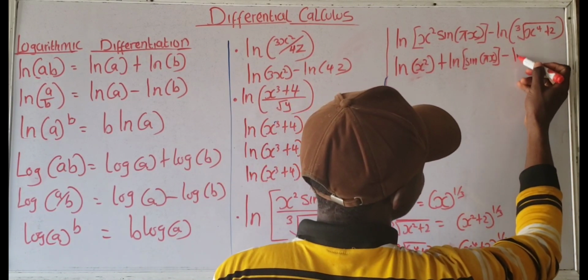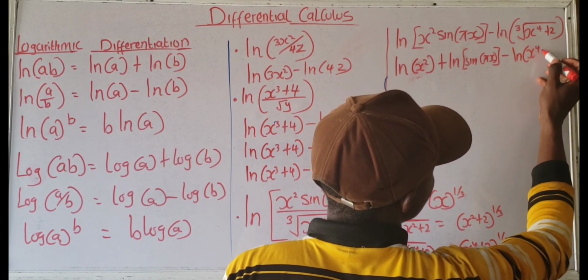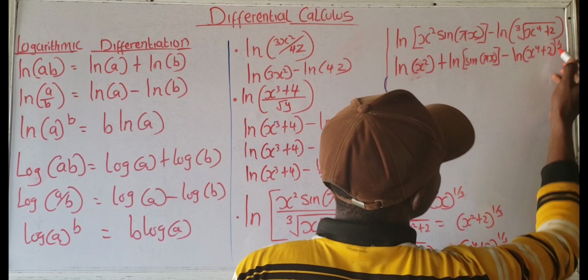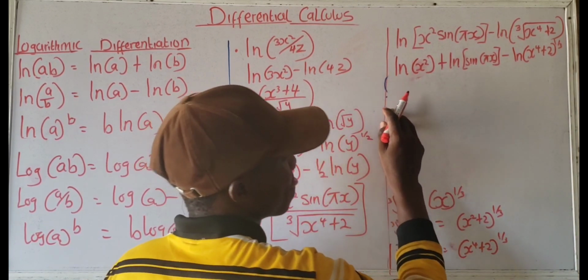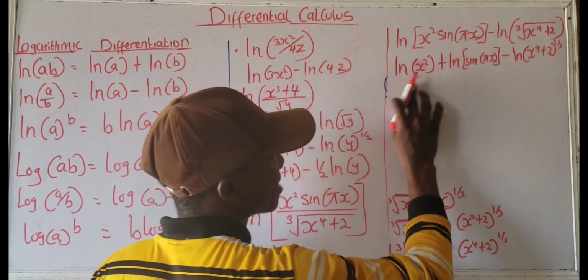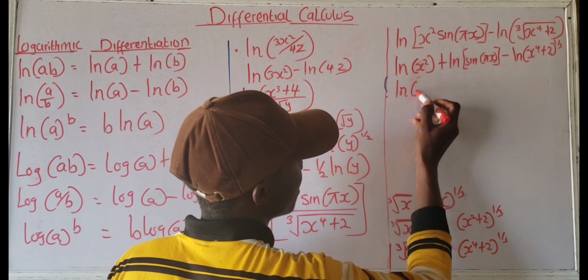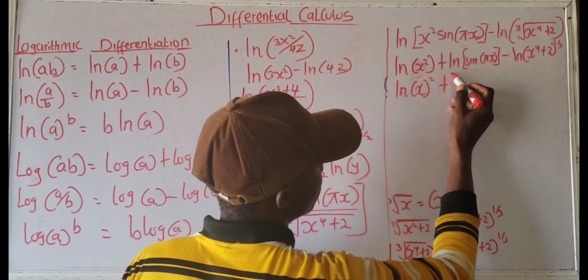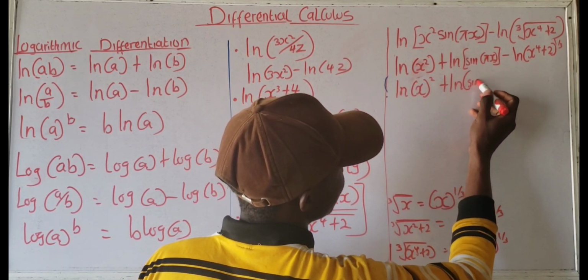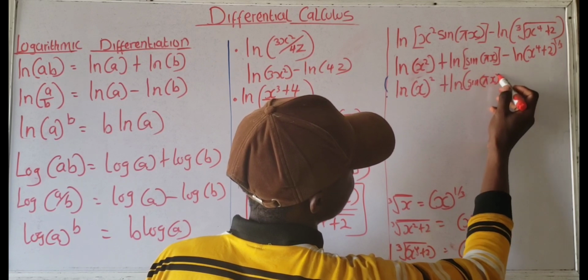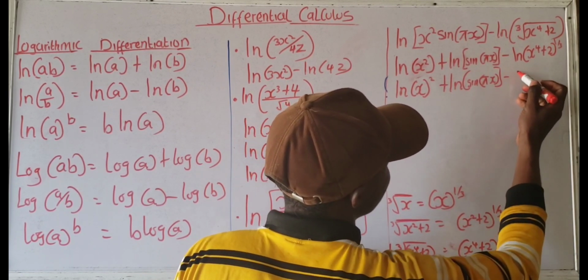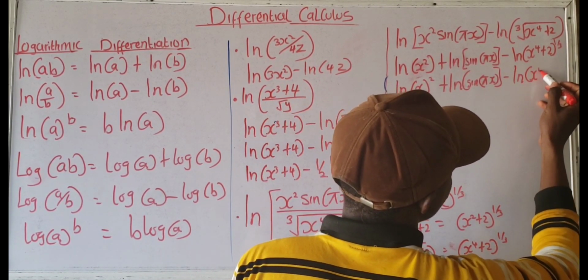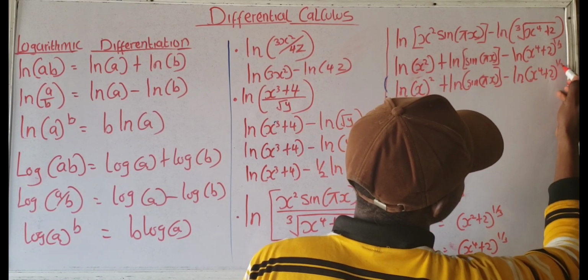So for this, I'm going to have the natural log of x raised to the power of 4 plus 2, raised to the power of 1 over 3. Okay? So here, I can rewrite it as ln x raised to the power of 2 plus ln sine pi x minus ln x raised to the power of 4 plus 2 raised to the power of 1 over 3.